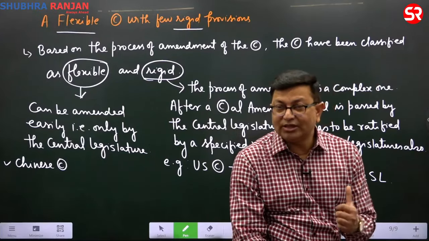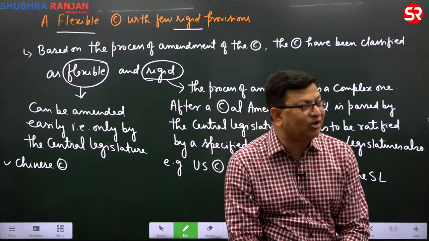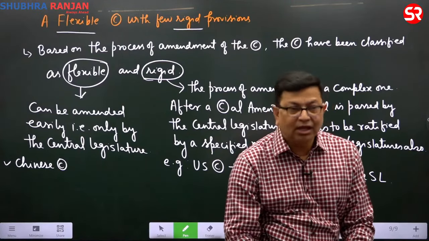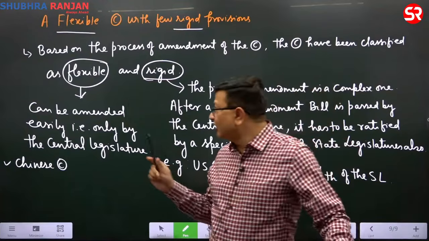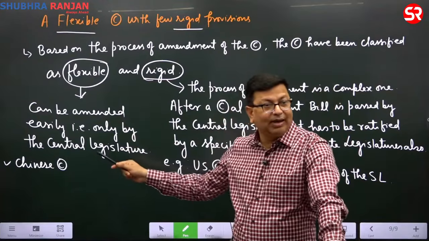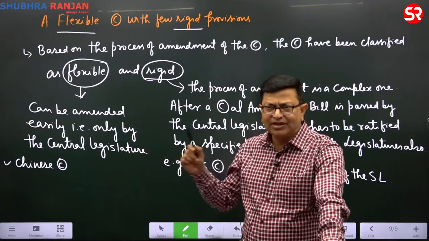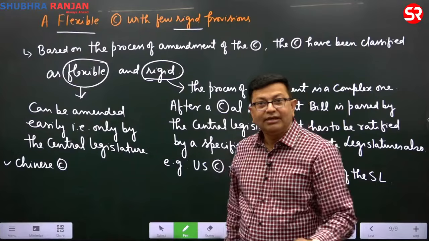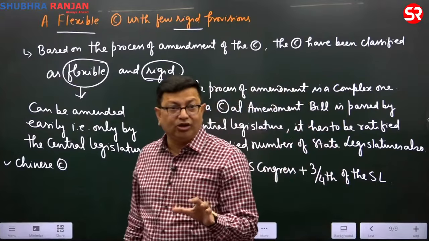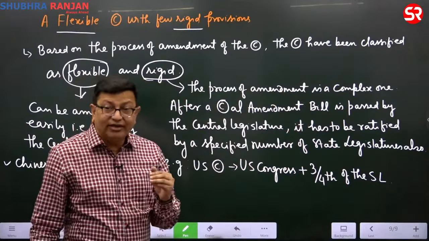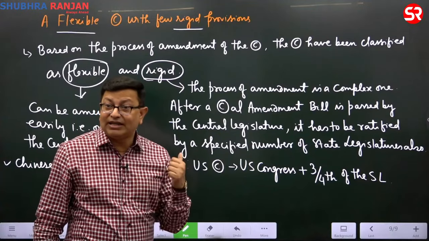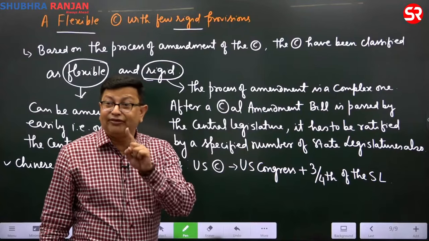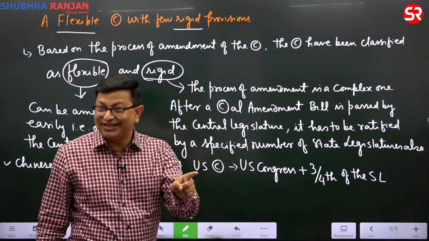So the US Constitution is an example of a rigid constitution. Now when we talk about India, most of the provisions can be amended by the parliament by the special majority that we had discussed in the last class. But some of the provisions of the Indian Constitution, after getting passed by the parliament by special majority, need ratification by 50% of the state legislatures.